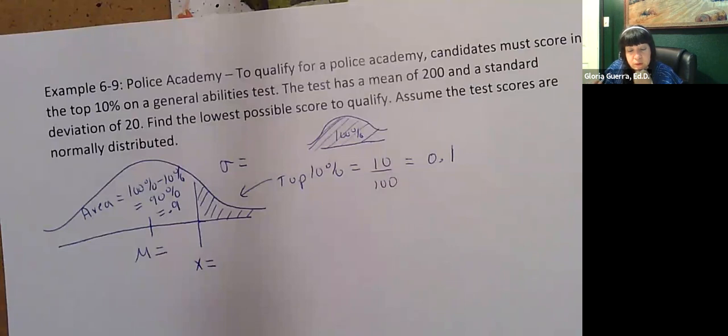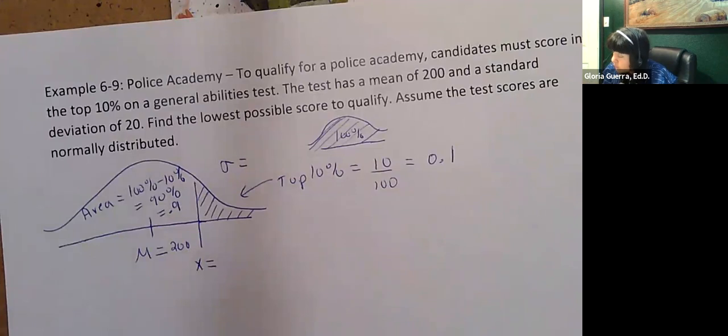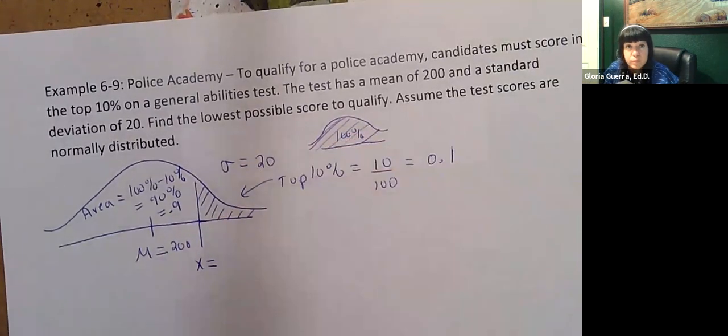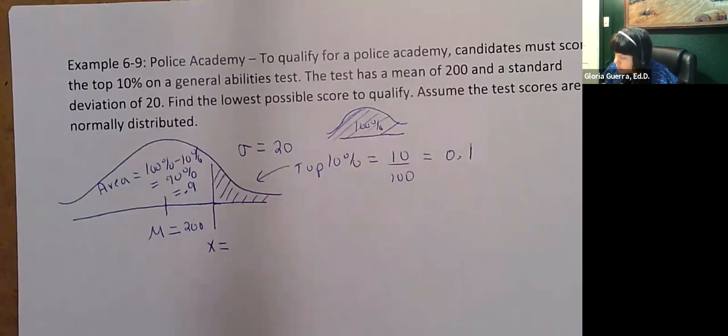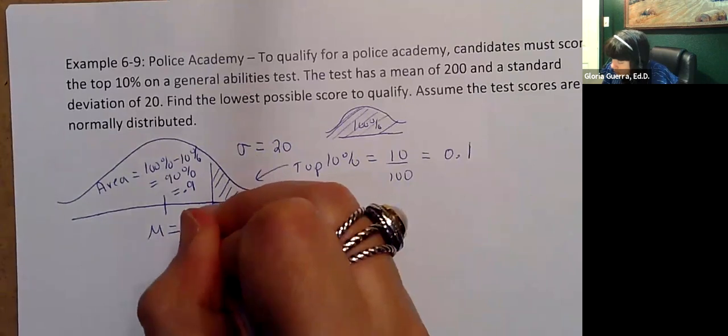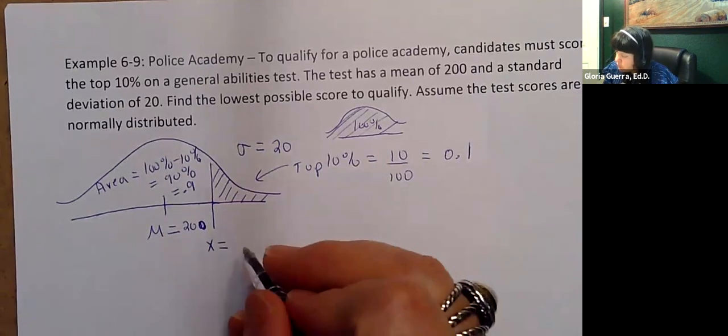And it says the test has a mean of 200 and a standard deviation of 20. And it says, let me make this bigger, find the lowest possible score. So find this lowest possible score.